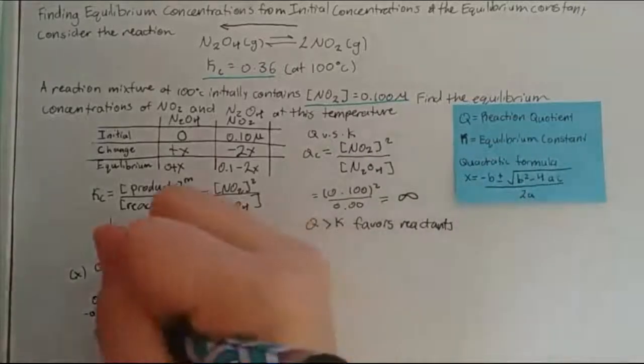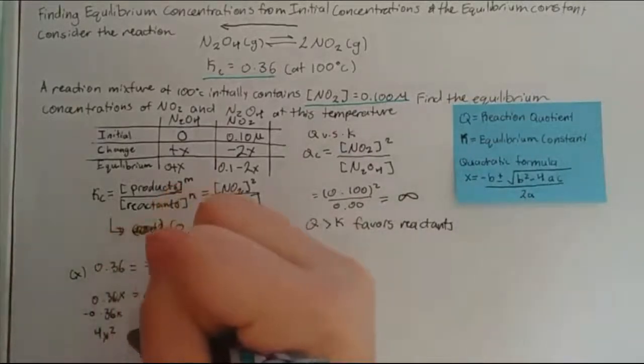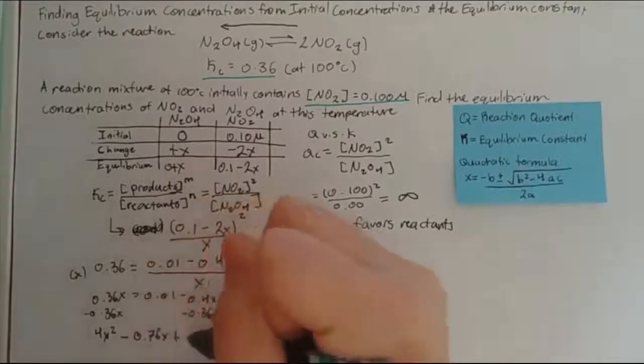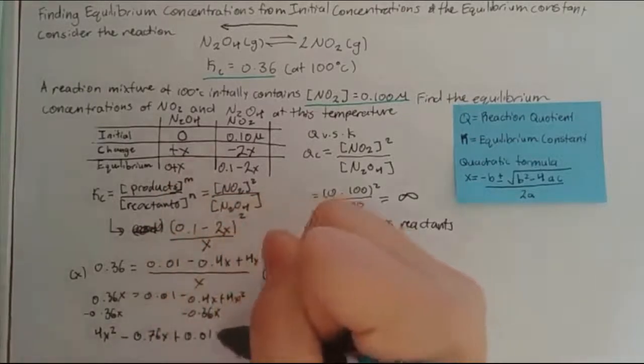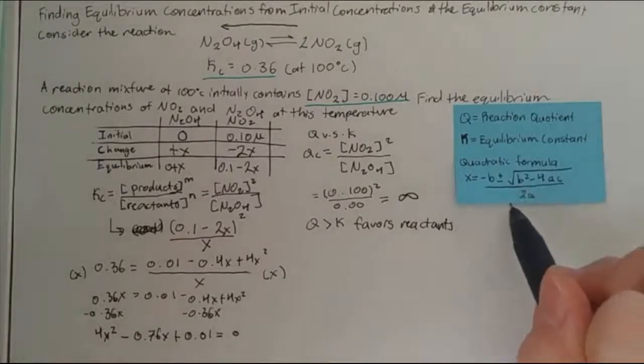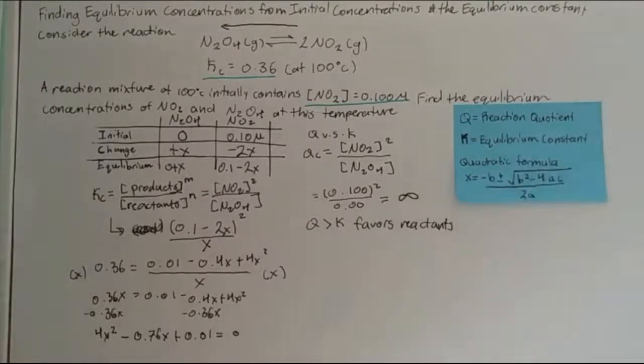We should get 4x squared minus 0.76x plus 0.01 is equal to 0. All right, this is a polynomial function, and it does not simplify nicely into finding the value of x. Therefore, we need to use the quadratic formula, which is written right over here.